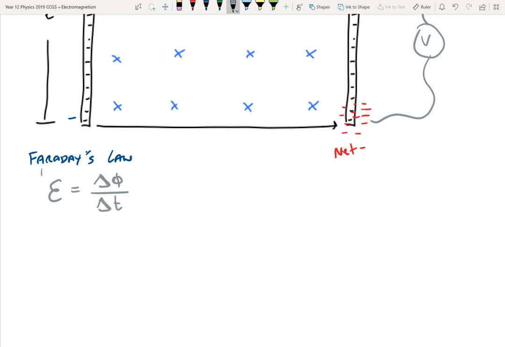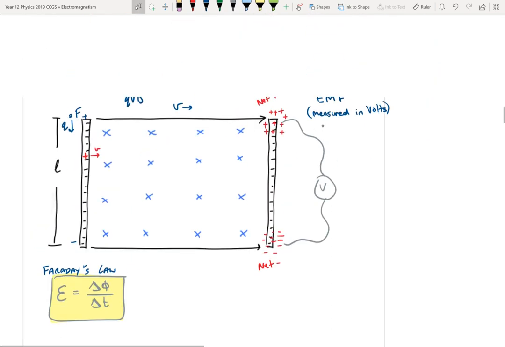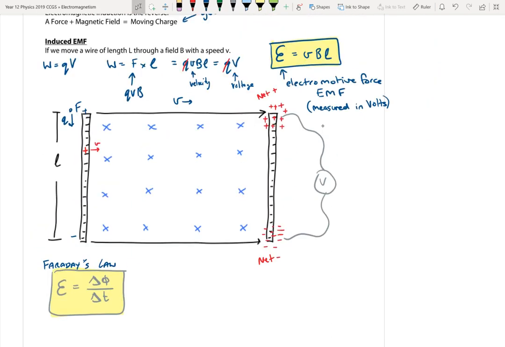That is Faraday's law. I've pretty much thrown it straight at you without any warning. But now I want to show you that the two equations on the board that are highlighted are equivalent. They are the same equation. So I will attempt to show you that now.